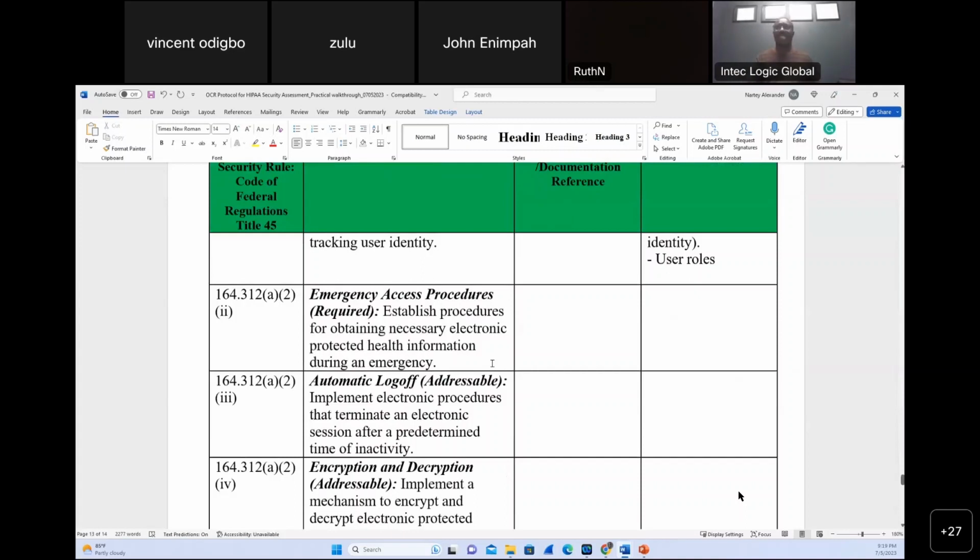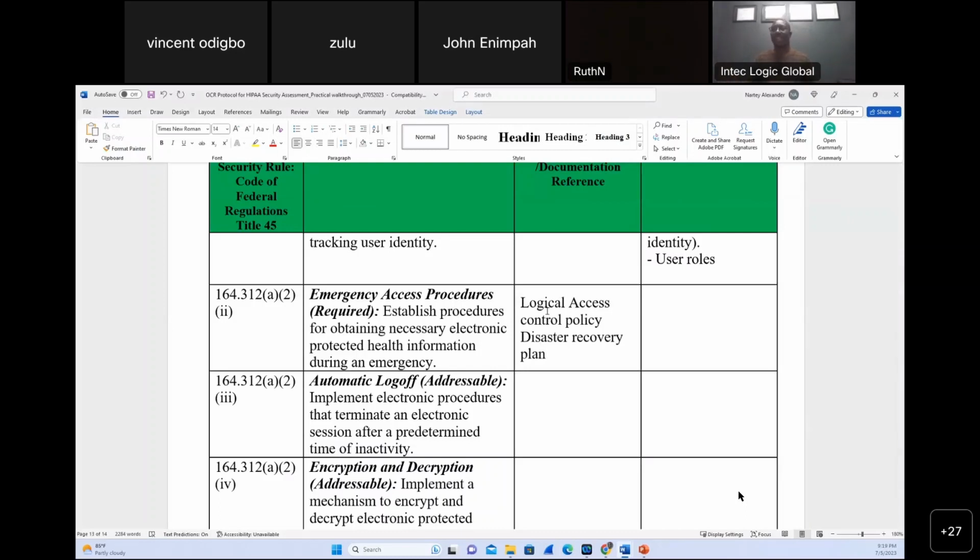So if there is an emergency, people need to log into the computer to access PHI to save life. There needs to be a process in place, right? So here we can find it within the same policy and also in the disaster recovery plan, or maybe the contingency plan.